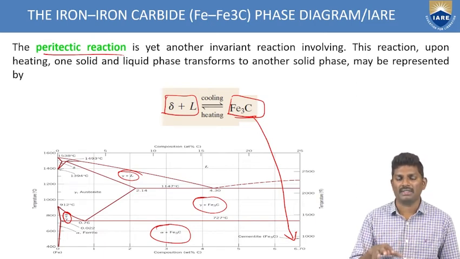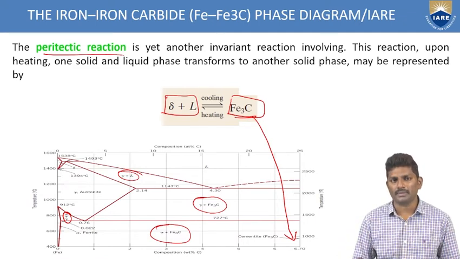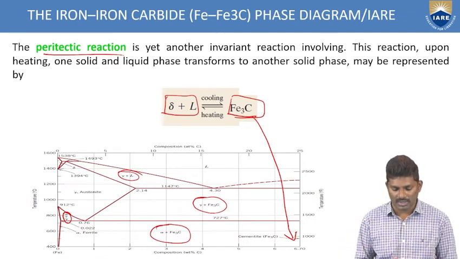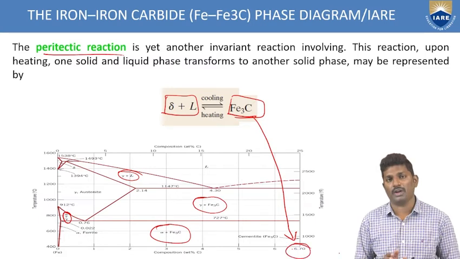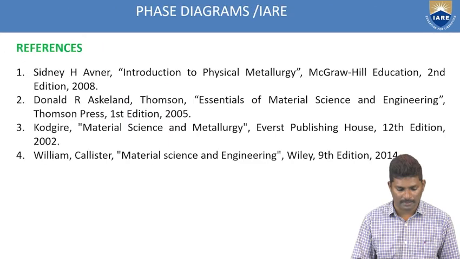So with the help of the phase diagram, we are trying to identify how many reactions there are in the iron carbide diagram. Since we are getting the carbide at this point, we are restricting our phase diagram at 6.70 weight percentage.